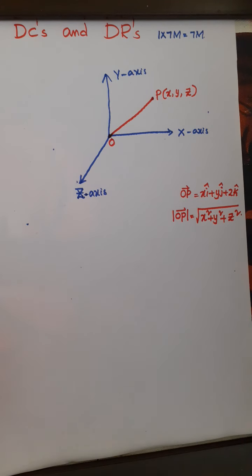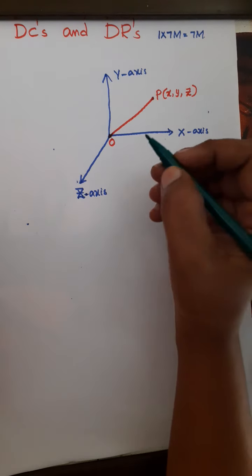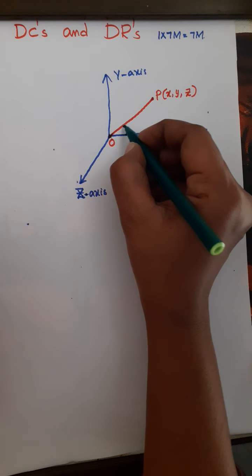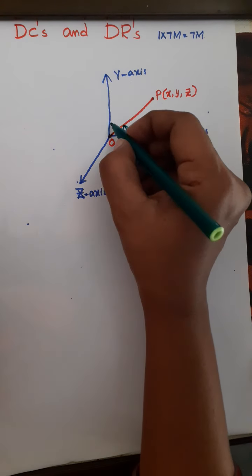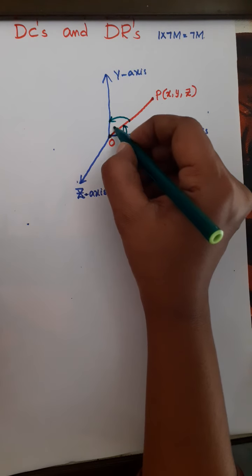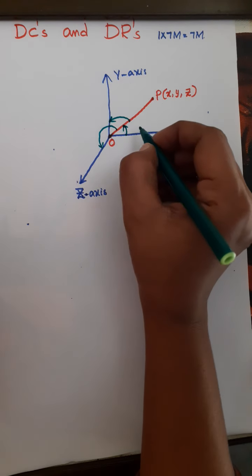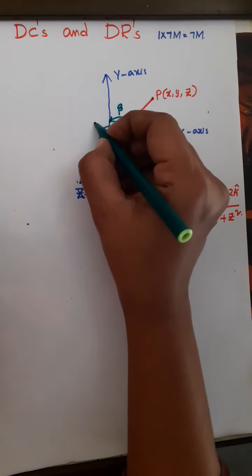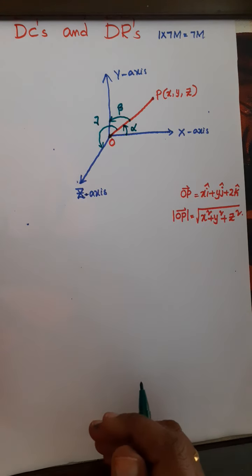And definitely this OP line segment makes some angle with the x-axis, right? And also with the y-axis and also with the z-axis. I am letting these angles be alpha, beta and gamma, right?